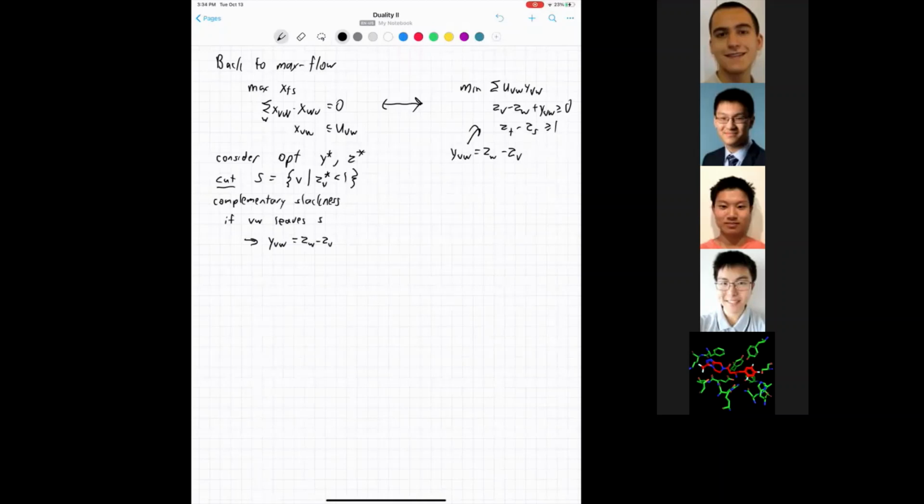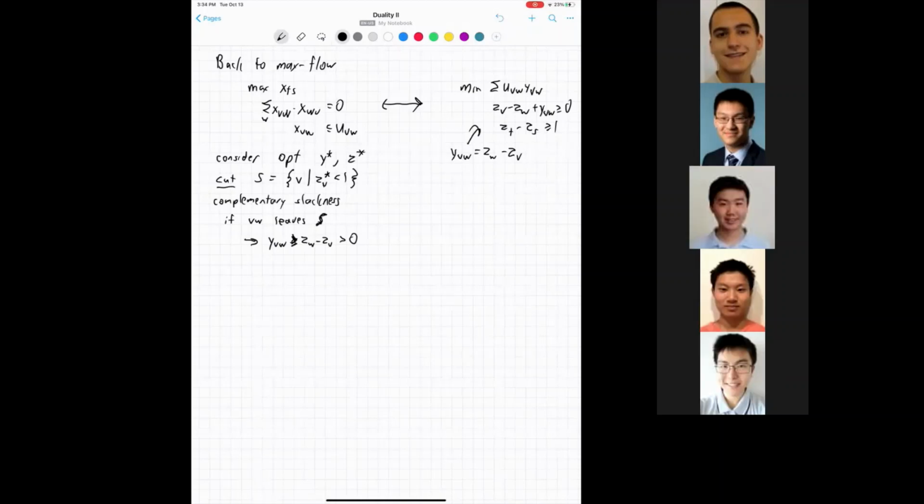By what we just wrote over here, or actually, it doesn't even need to be equal, but it's greater than or equal to Z_W minus Z_V. That's greater than 0. Why is it greater than 0? What does it mean for VW to leave my cut S? Go ahead. So Z_V is smaller than 1 while Z_W is at least 1. Exactly, right? So this tells me that Y_VW is greater than 0.